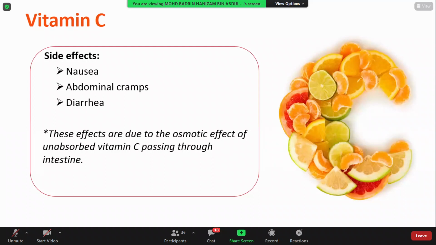So that's why at the beginning of this pandemic, when the doctor said you need to eat more vitamins, you took vitamin C supplements.